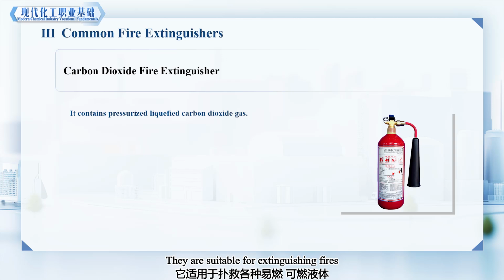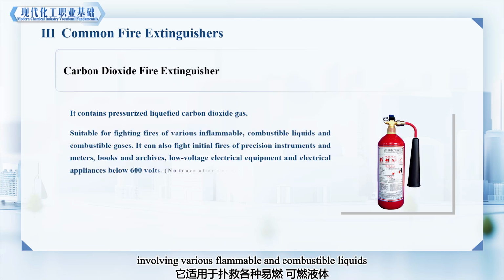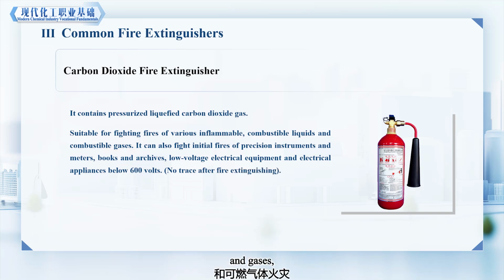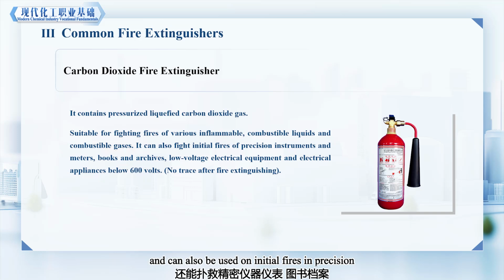They are suitable for extinguishing fires involving various flammable and combustible liquids and gases, and can also be used on initial fires in precision instruments, archival materials, low voltage electrical equipment, and electrical devices under 600 volts.